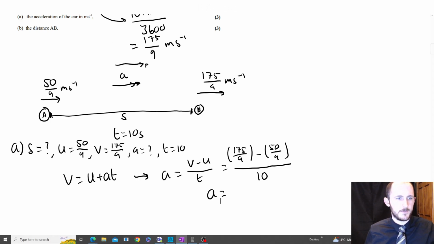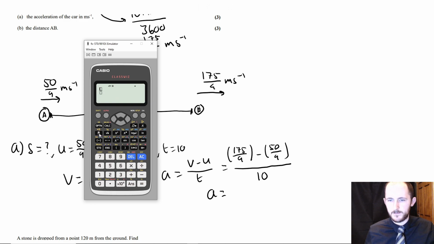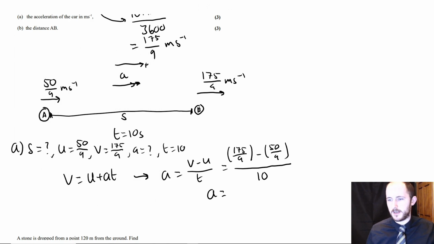Okay, so let's type this in. It is best to keep your values as accurate as humanly possible. That gives 25/18, so we'll write our answer as 1.39 meters per second squared.